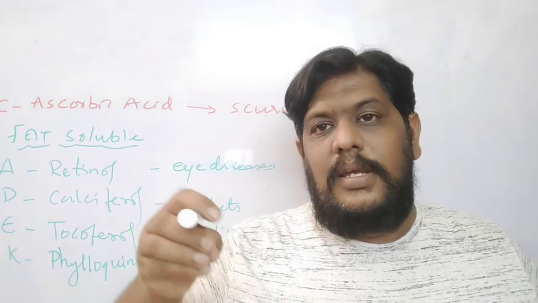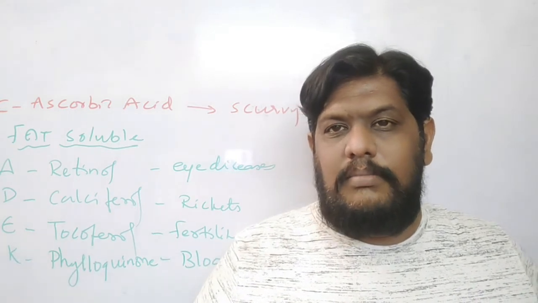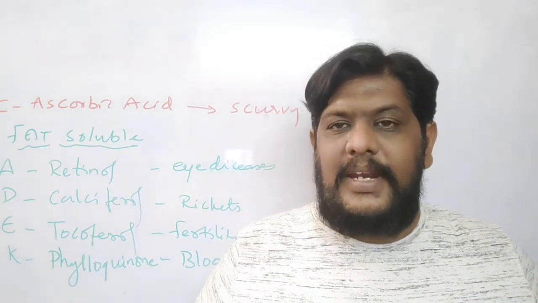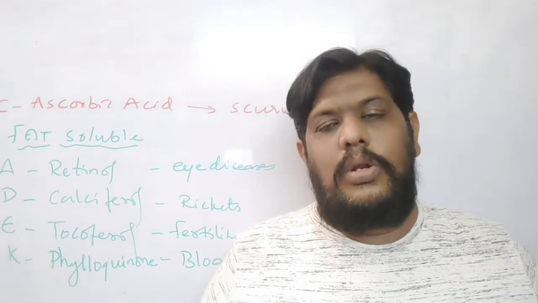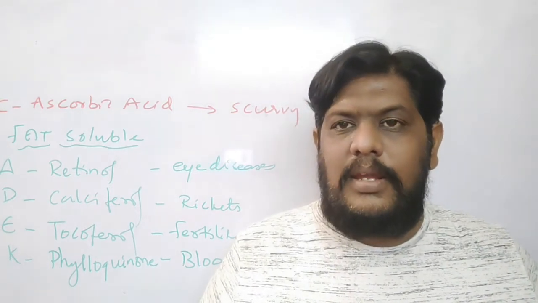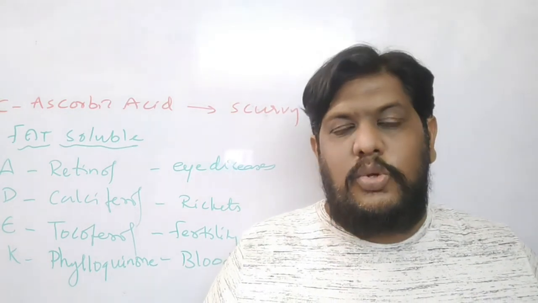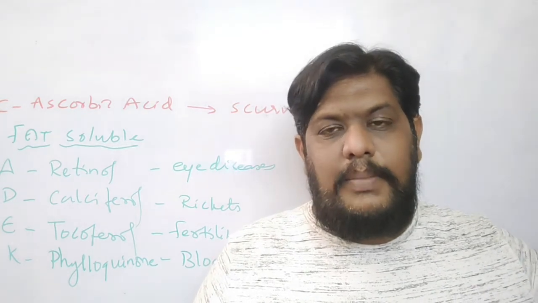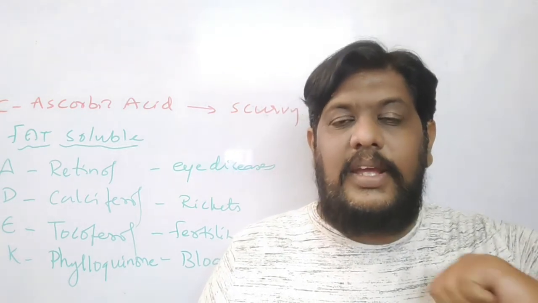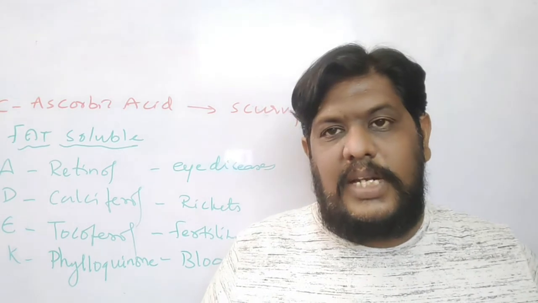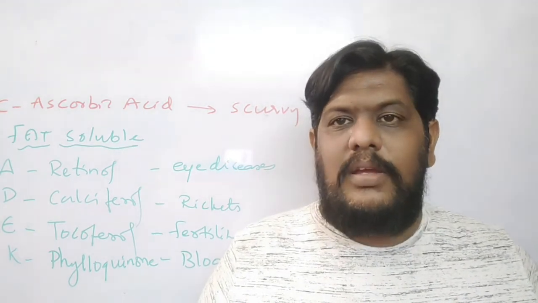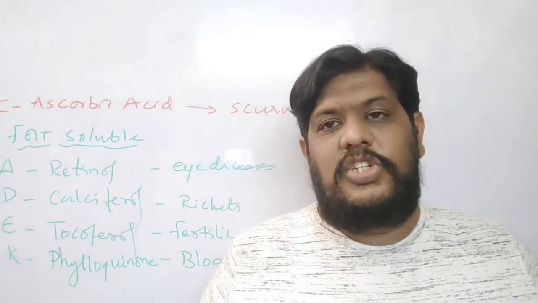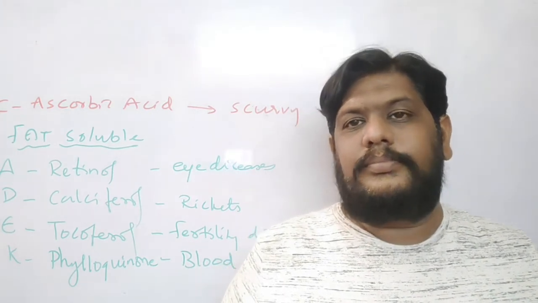This is a very good step taken by the government, and they feed government school children with vitamin A rich food every 3 months, so that they can eradicate vitamin A deficiency, that is nutritional blindness.